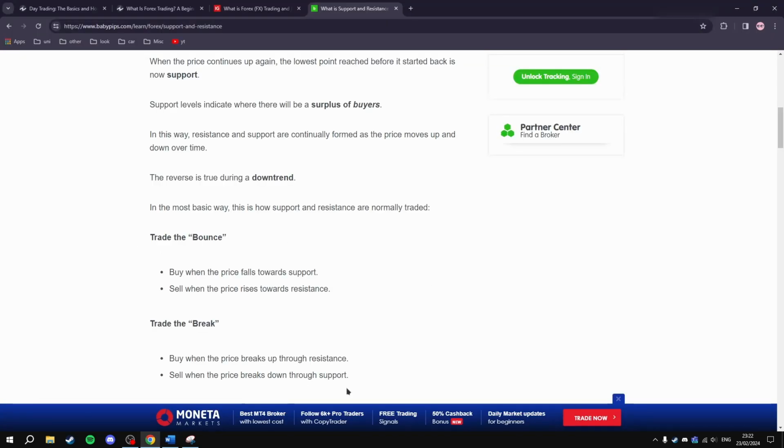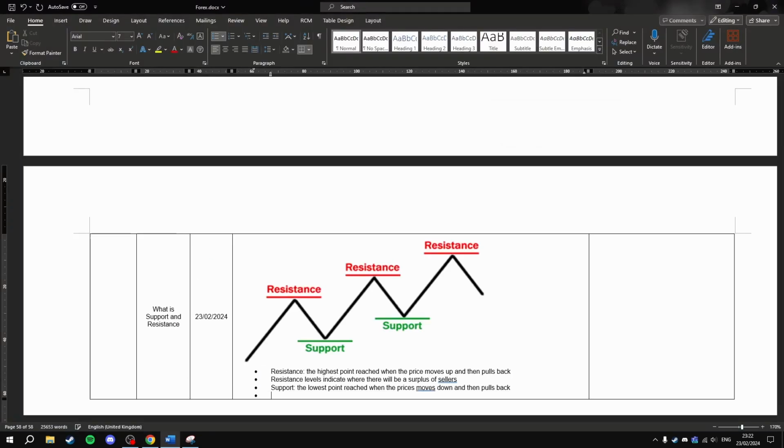Support levels indicate where there will be a surplus of buyers.